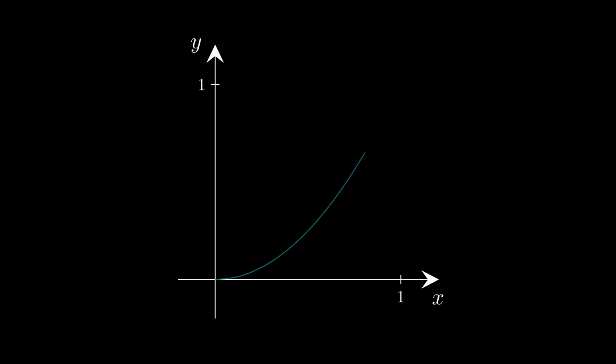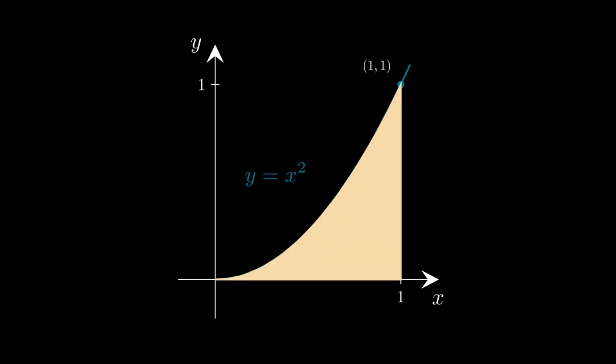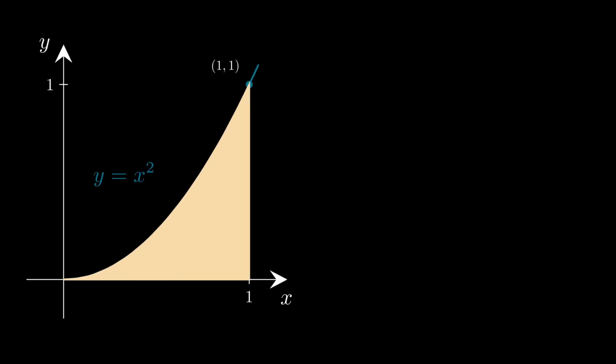An example of the application of the above formulas is to find the area below the curve y equals x squared between 0 and 1, as presented while introducing the definite integral in calculus.